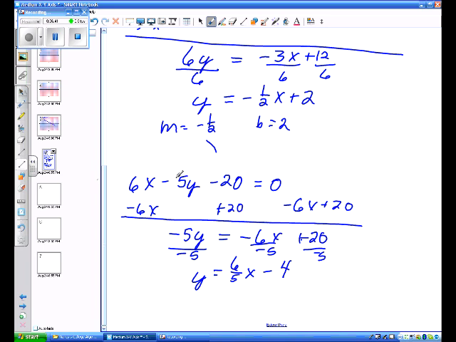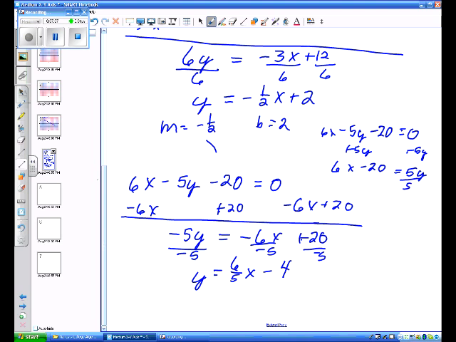Now, one thing that you could have done, since we just want to solve it for y, is it's okay whichever side. So we could have taken our 6x minus 5y minus 20 and added 5y to both sides, and had our 6x minus 20 equals 5y.